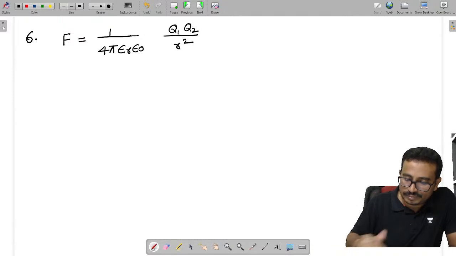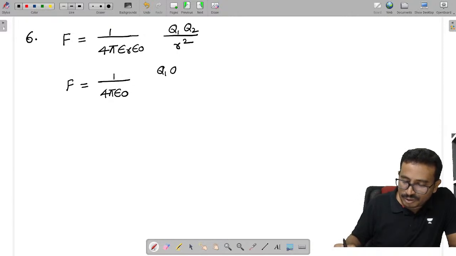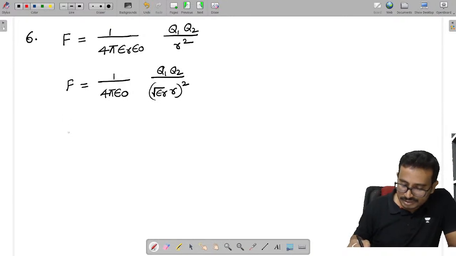So I am modifying this formula as 1 by 4 pi epsilon naught into Q1 Q2 by square root of epsilon r into r, whole square. Can I write like this?